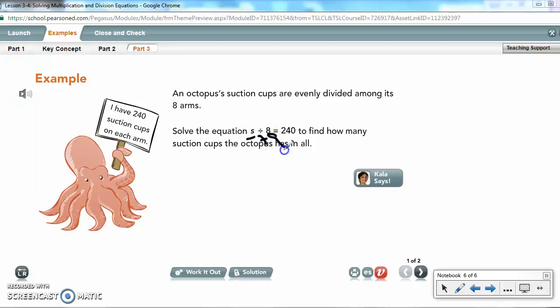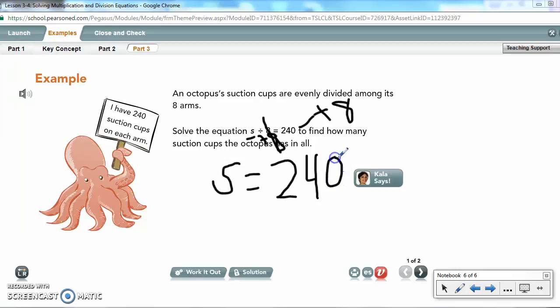Since we're talking about a balance beam, what I do to one side, I have to do to the other. So if I multiply by 8 here, I also multiply by 8 on this side. S is all that's left on the left, equal to 240 times 8.